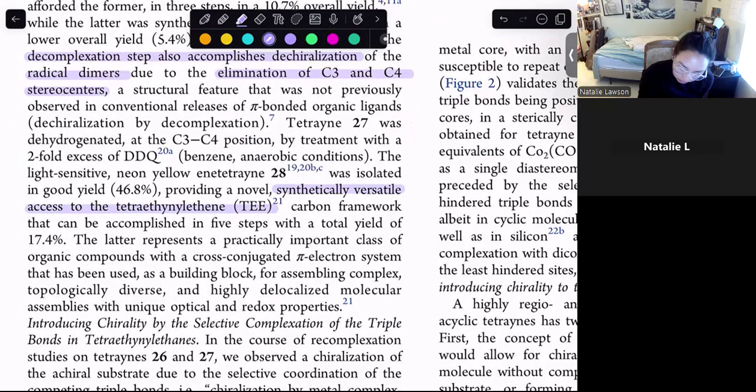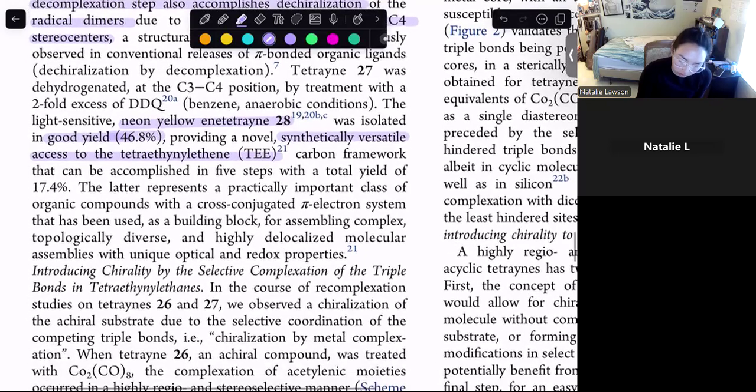Yellow and tetraene was isolated in good yield. Synthetic, versatile access to ethylene carbon frameworks, 5 steps, with a total yield of 17%.